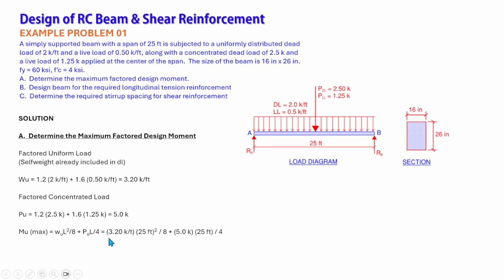So that is equal to 3.2 times 25 feet squared over 8 plus 5 times 25 feet over 4. So the total maximum factored moment is equal to 3,375 kip-inches.